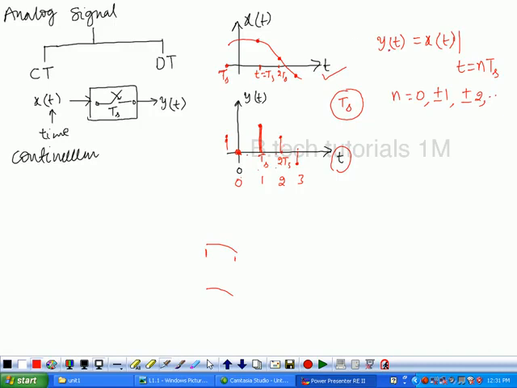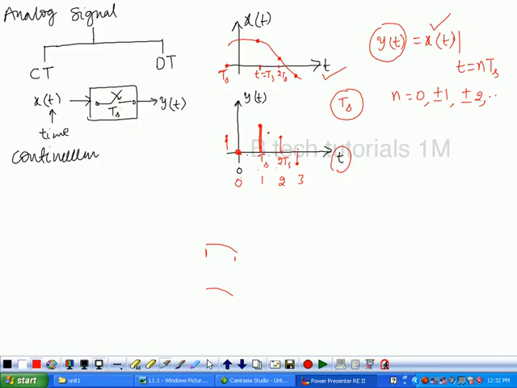Follow? x(t) is the continuous time signal. Now what is y(t)? y(t) is called the discrete time signal. Why? Because t is taking discrete values of 0, 1, 2, 3, like that, minus 1, minus 2, minus 3. Understood? Therefore, by transmitting this continuous time signal through an ideal switch, we can get this type of waveform at the output.